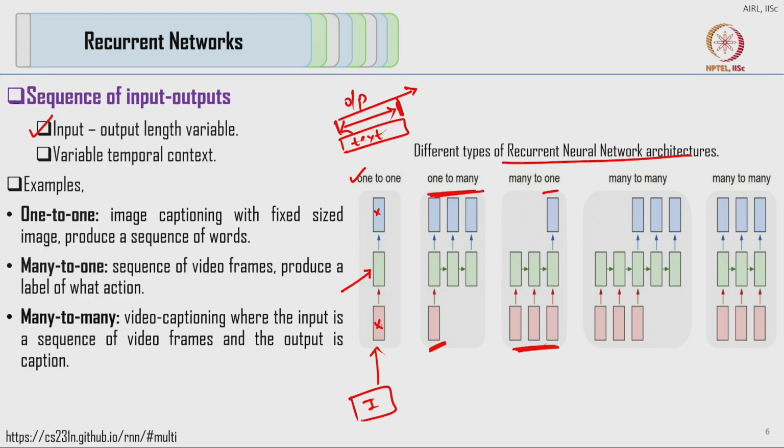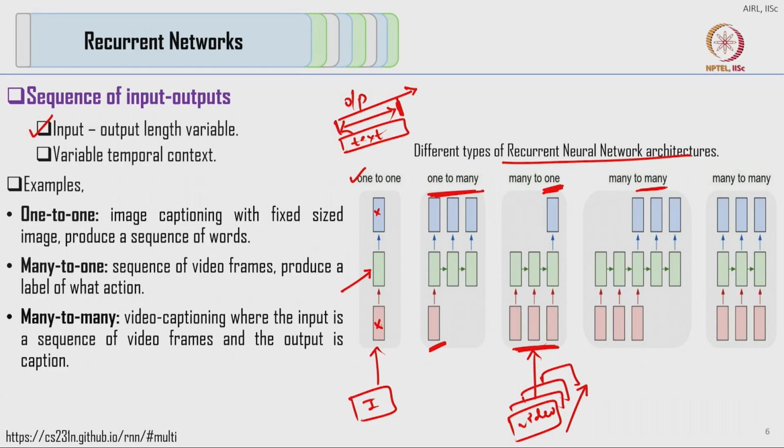Similarly, we can have a many to one scenario where we can pass in a video, which is a collection of frames, and we could essentially label it for a particular action. So, we can have videos and we can classify it for a particular action.